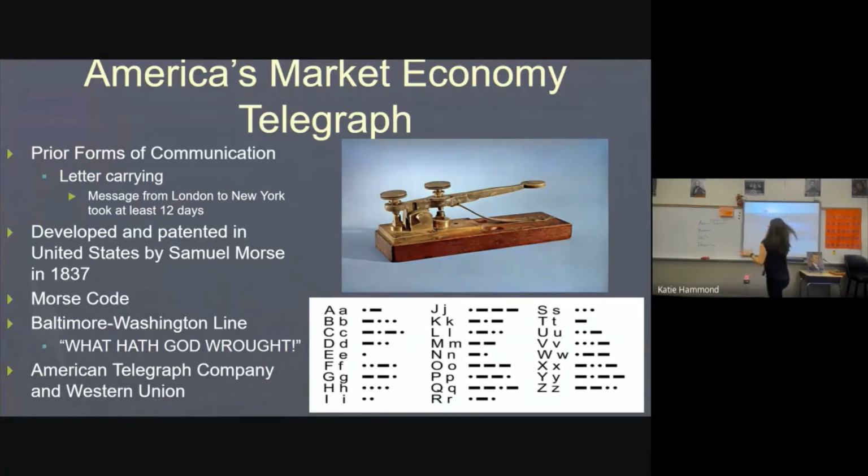Okay. The telegraph is going to change that. What does it do? It's faster communication. The impact is that this is going to be the best form of communication. And the last thing I want to add is the Union, or the North, really embraces this.